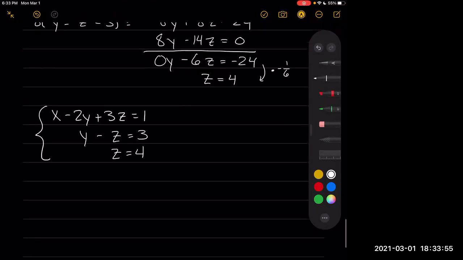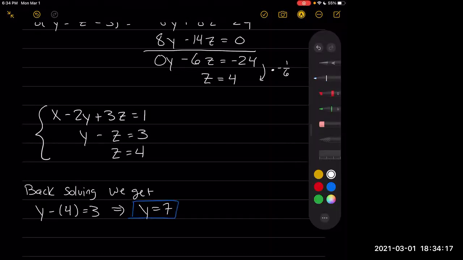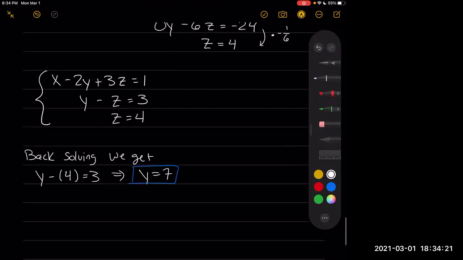So with back solving, we'll plug our z equals 4 into the second equation. We have y minus 4 equals 3, which gives us, if we add 4 to both sides, y equals 7. And now if we plug in z equals 4 and y equals 7 to the first equation, we get x minus 2 times 7 plus 3 times 4 equals 1.